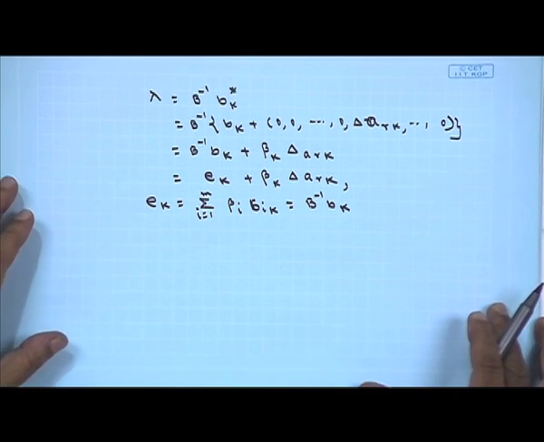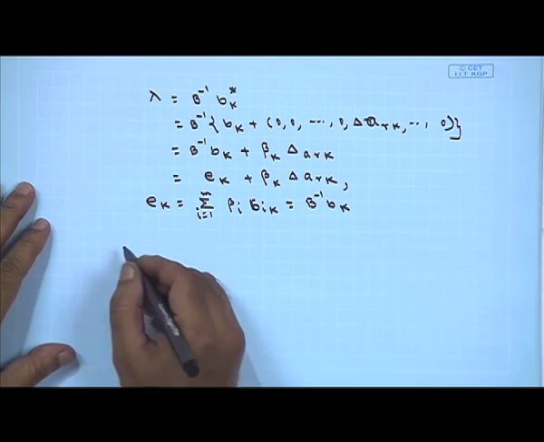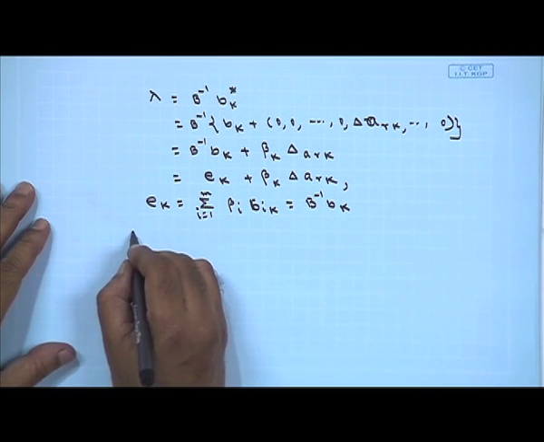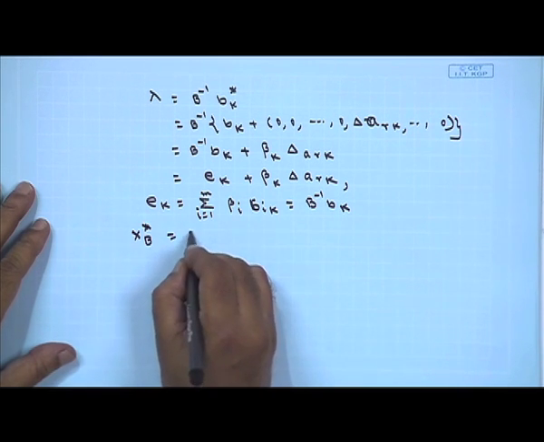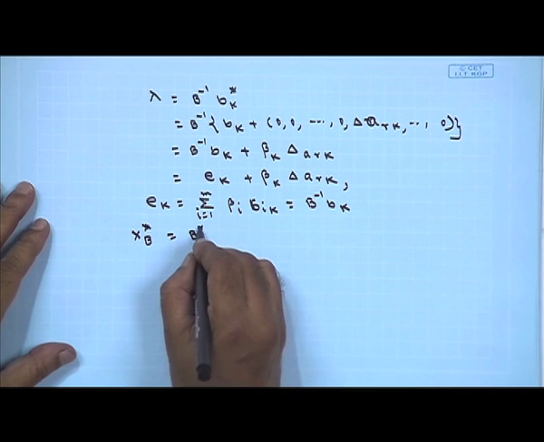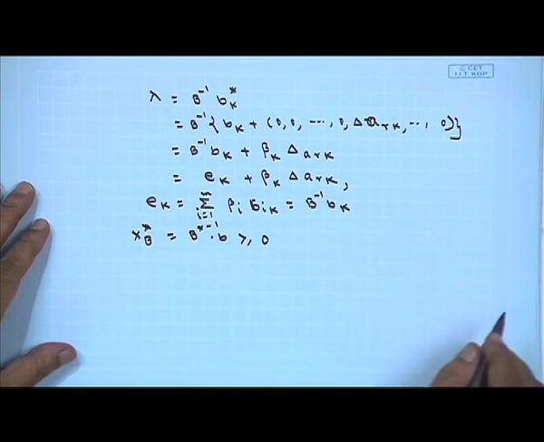Now, for the feasibility condition, your value of x b star should be greater than or equal to 0. That is, x b star, which is nothing but B star inverse into b, should be greater than or equal to 0.